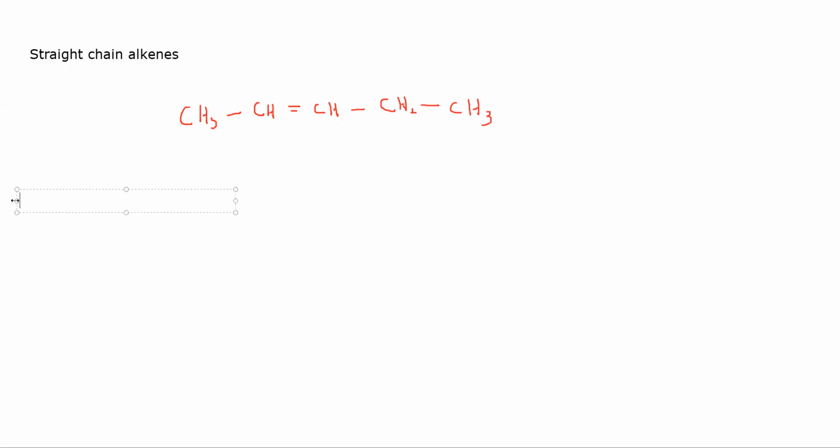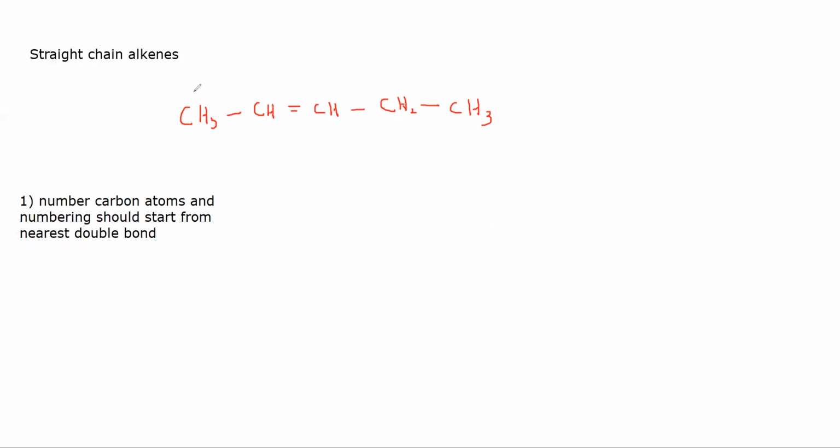So what is the rule here? We will number the carbon atoms, and the numbering should start from the nearest double bond.